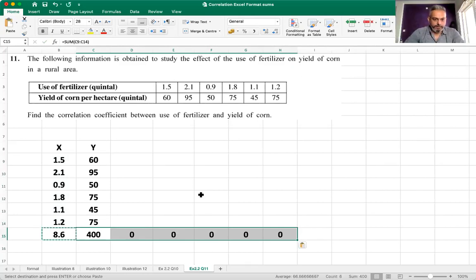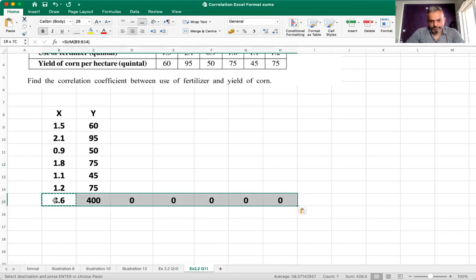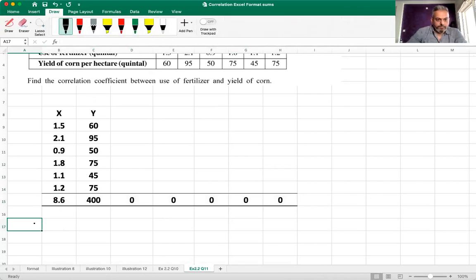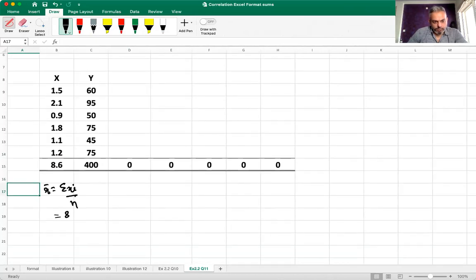Yes, very good. Now, let's first find out the mean. X bar is equal to sigma xi upon n, which is equal to 8.6 upon 1, 2, 3, 4, 5, 6.